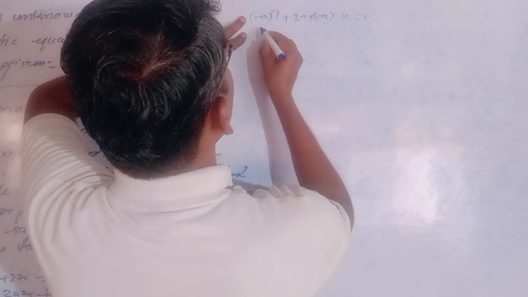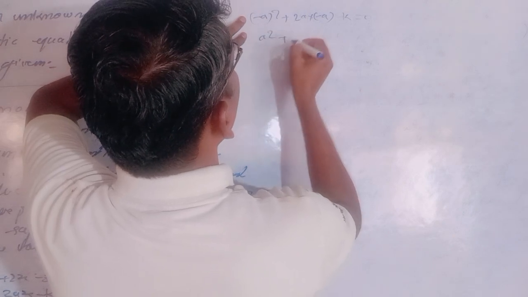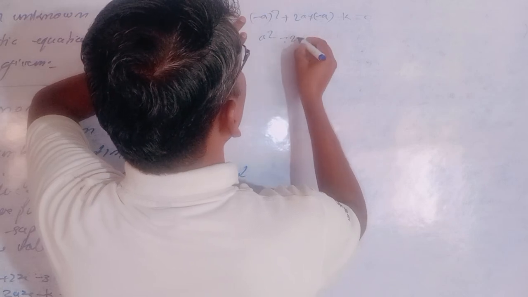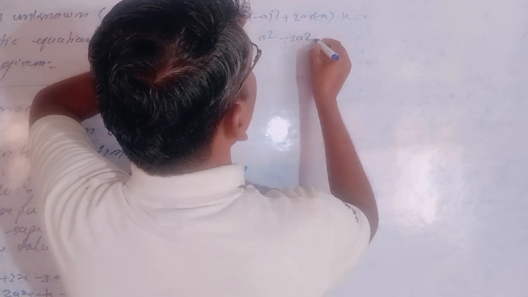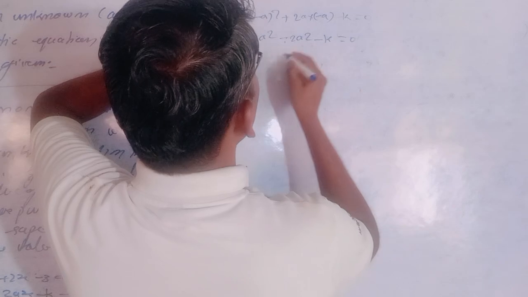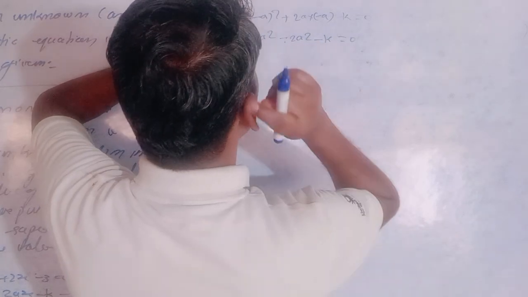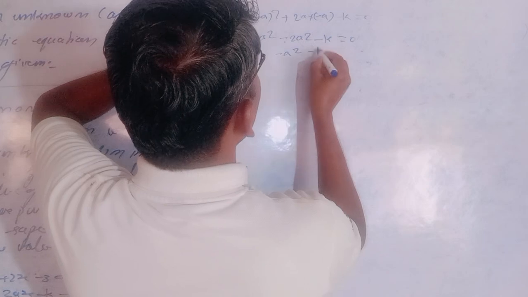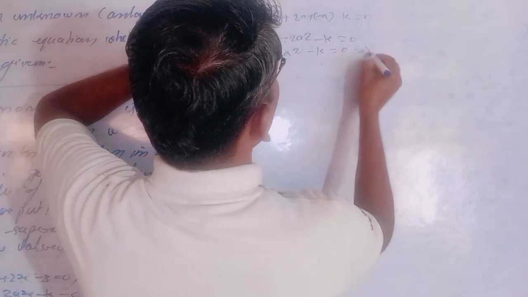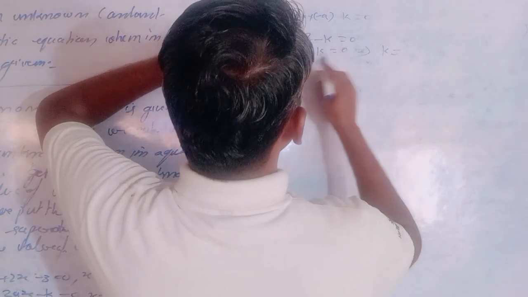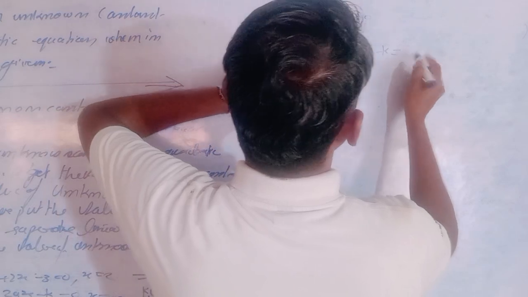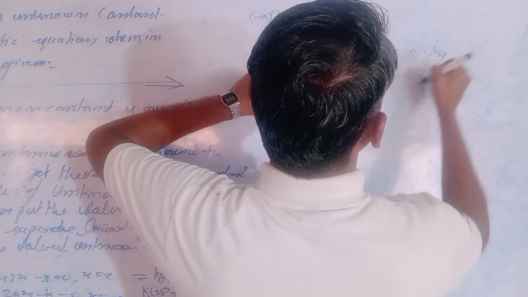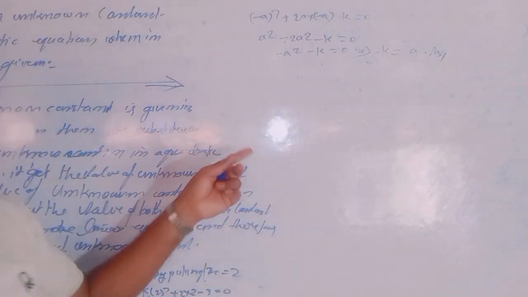So it would be a square minus 2a square minus k is equal to 0. A square minus 2a square becomes minus a square minus k is equal to 0. Then k is equal to minus a square. This becomes the answer. Okay, so the value of k we have found here.